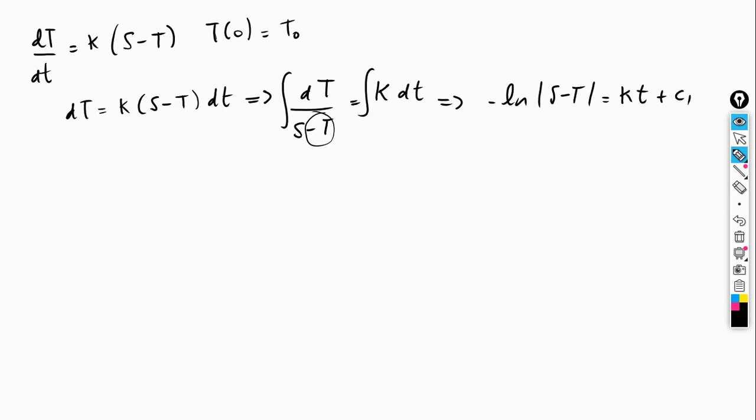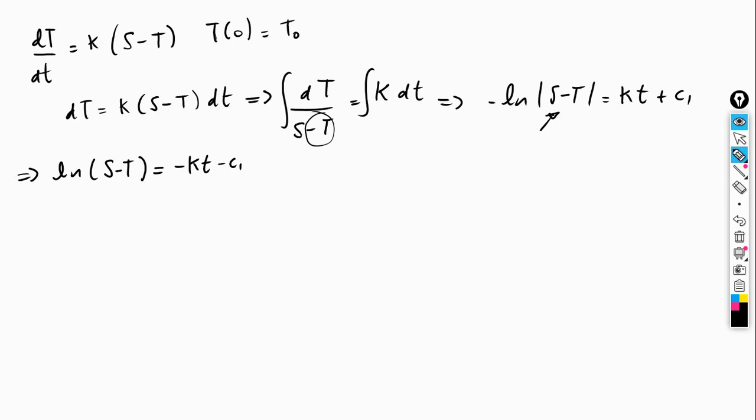Okay, then because we know that S, the temperature of the medium, is always going to be greater than the temperature of T, as we said initially, then we can just simply write this as the natural logarithm of S minus T is equal to minus kt minus an arbitrary constant.